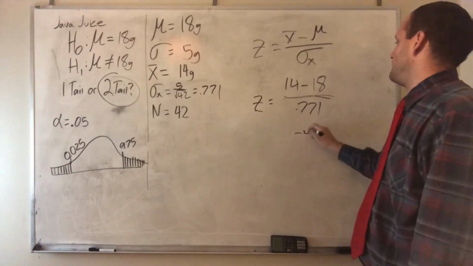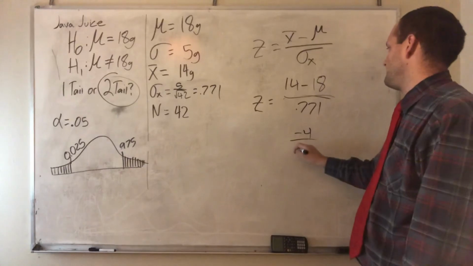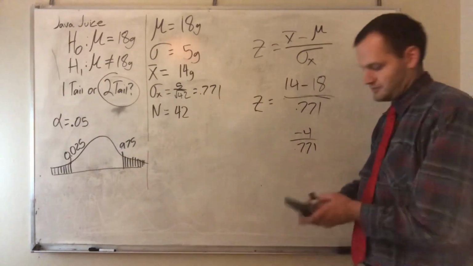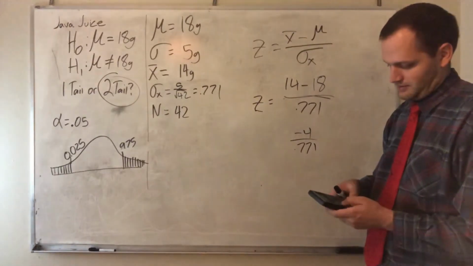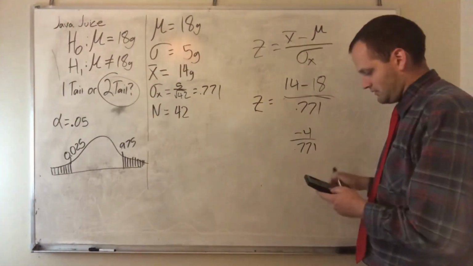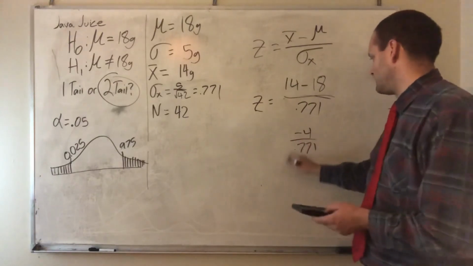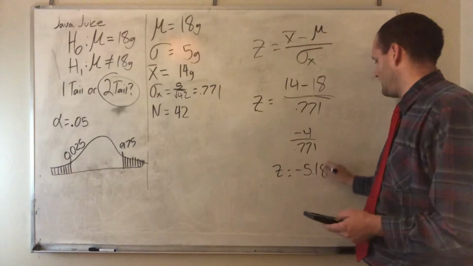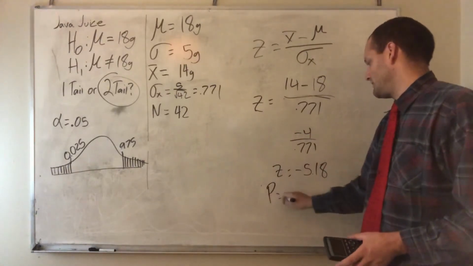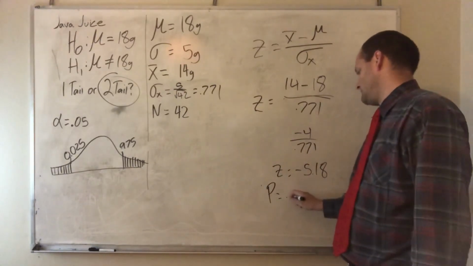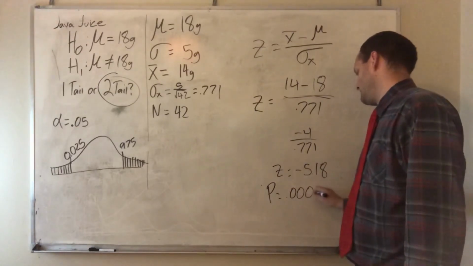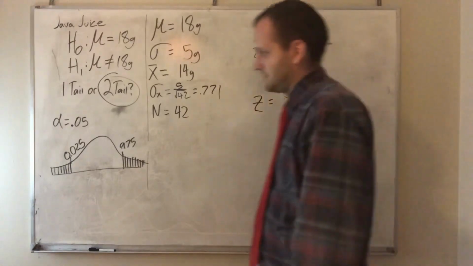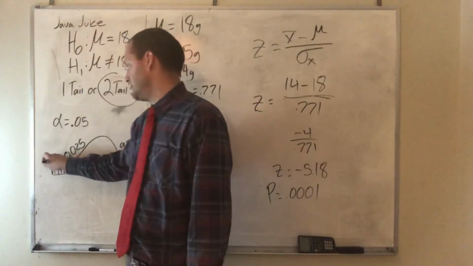That gives me negative 4 divided by 0.771, which is a z-score of negative 5.18. And that's going to give me a p-value, if you look it up, of 0.0001. Okay? Where does that fall? That falls way over here.